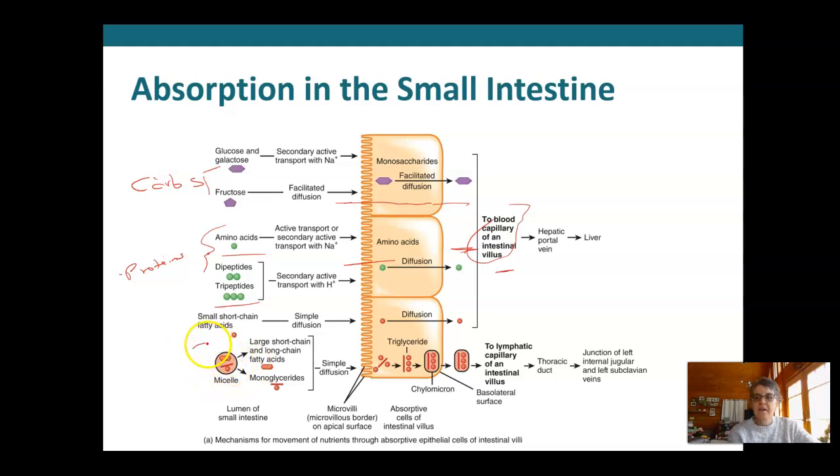Then what we have are my lipids, and lipids are crazy. We're going to look at lipids in more detail, but lipids don't like water. So we need to package them and make them like water.